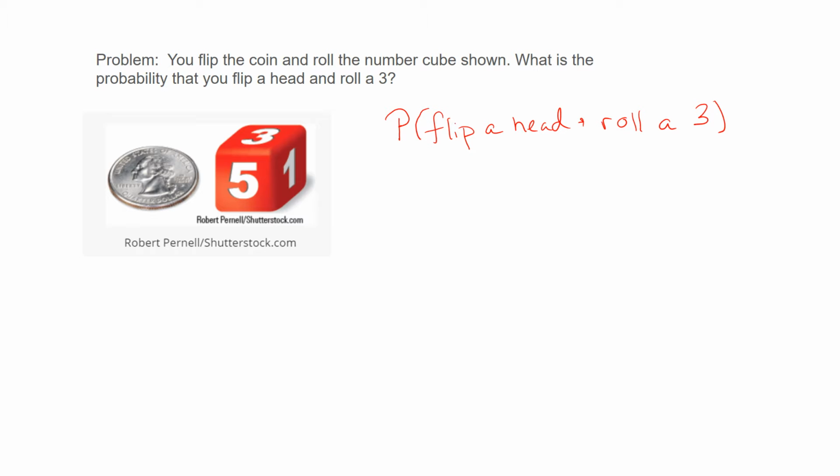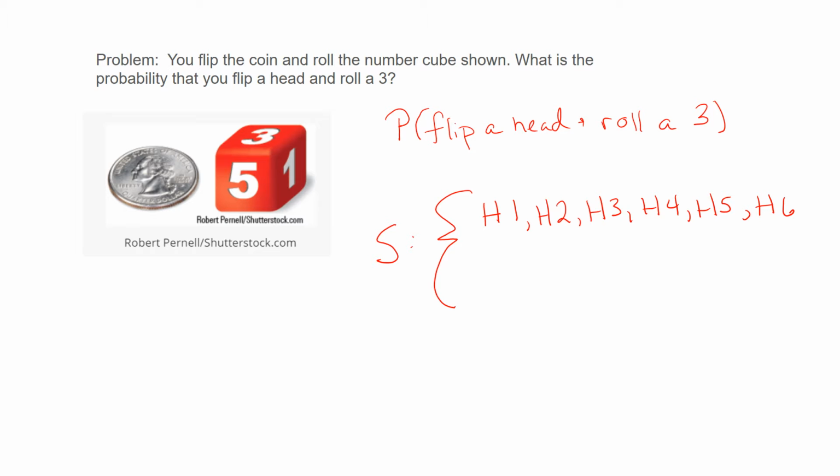We can draw the sample space for this experiment. I could flip a head, toss a 1, flip a head, toss a 2, flip a head, toss a 3, flip a head, toss a 4, flip a head, toss a 5, and flip a head, toss a 6.